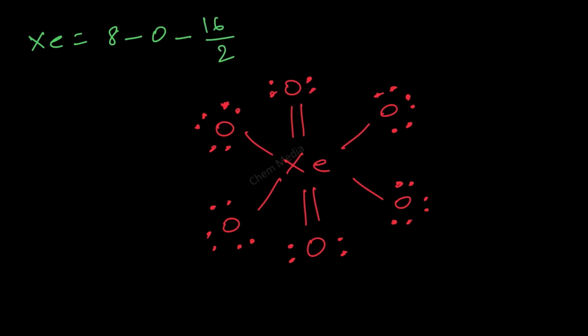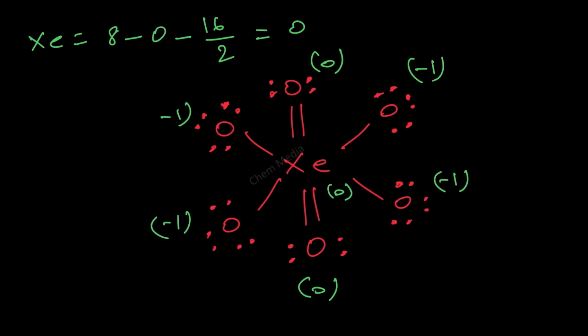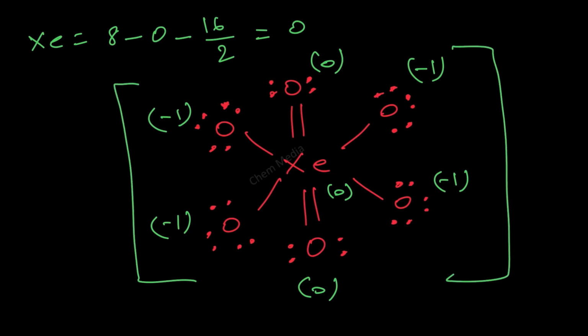Therefore 16 by 2, which means this is equal to 0. So the formal charge of xenon is 0. Likewise, if we calculate the formal charge for this oxygen atom, it would be 0. For this oxygen also it will be 0. And then for the rest of the 4 oxygen atoms, it would be minus 1. So therefore, this is the best Lewis structure for XeO6 4 minus, or the perxenate anion.